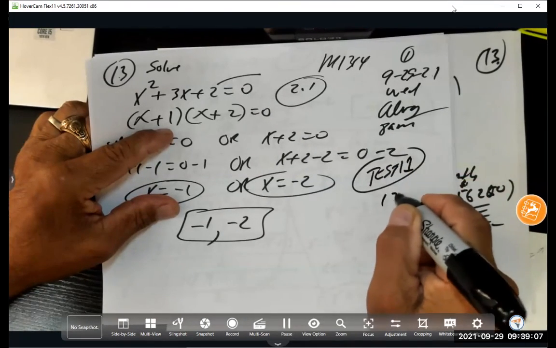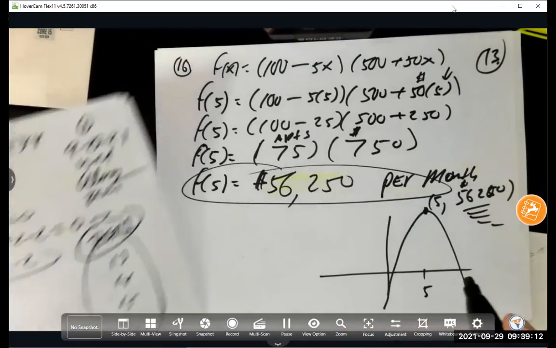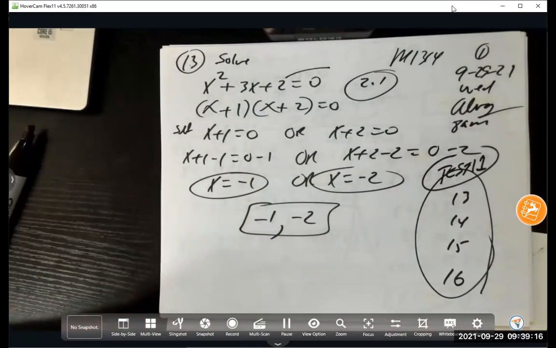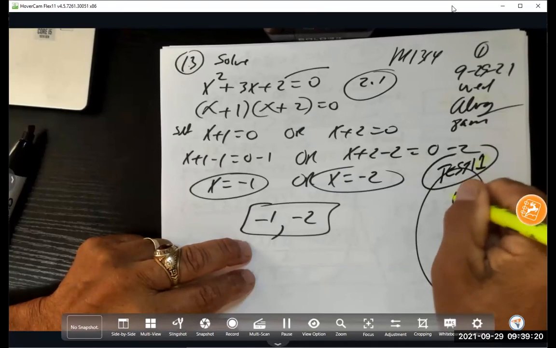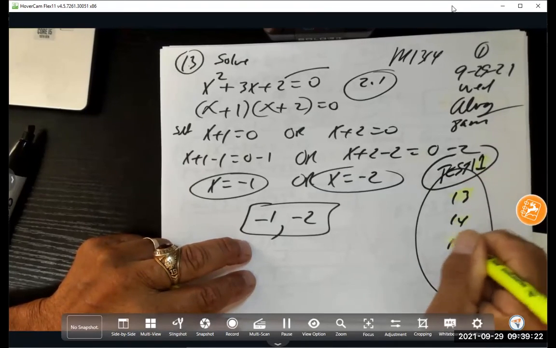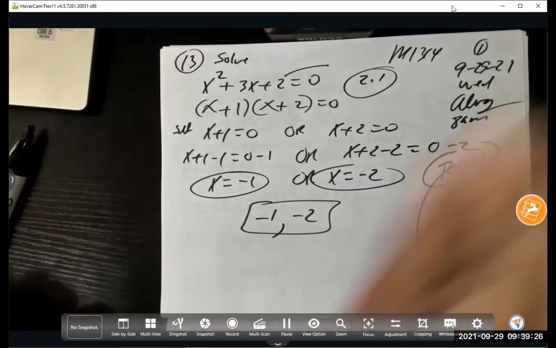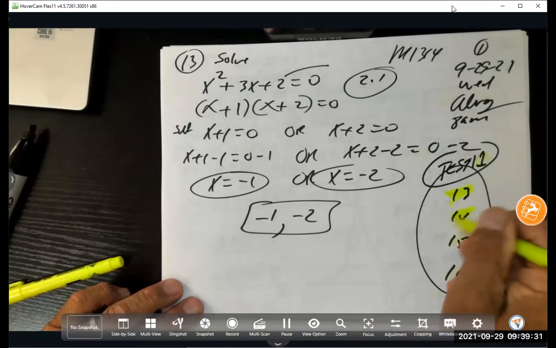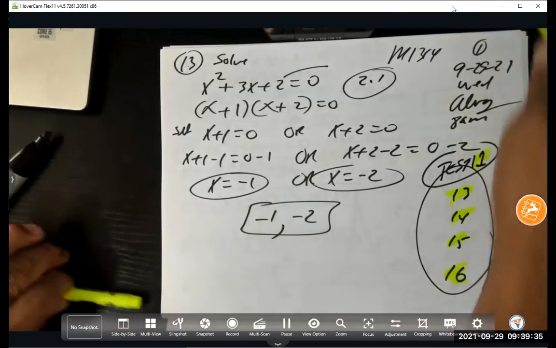We did 13, 14, 15, and 16. Is that it? Yeah, it's the last one. Okay. So when you go to my math lab, I want you to try these. Test number 1, try number 13, 14, 15, and number 16. See if you can do those, okay? Y'all got it?